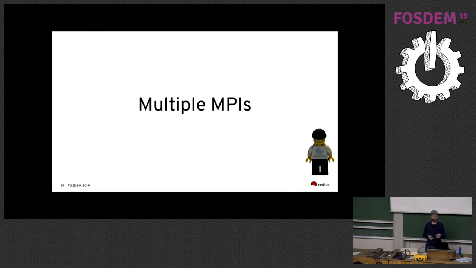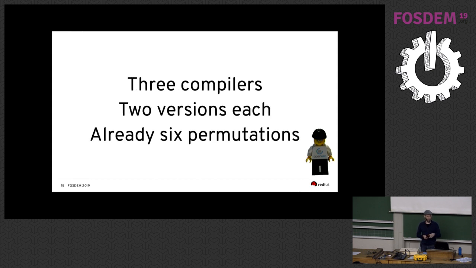The same goes for MPIs. You have different implementations of the standard, and there are different versions, and different people need different versions, different implementations. And this goes on and on up the software stack for libraries. You need them all in multiple versions and so on. One small example I want to make here is if you have 3 compilers and each in 2 versions, you already have 6 permutations of compilers you want to install.